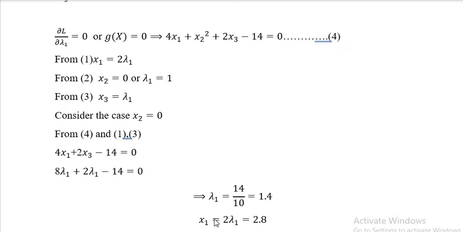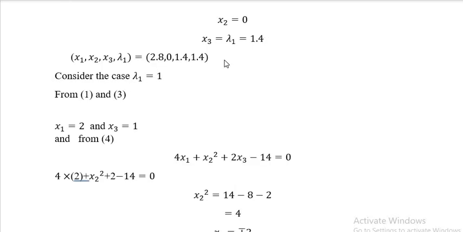So x1 equal to 2 lambda 1, that is from equation 1, we will get x1 value as 2.8. Then x2 equal to 0 and x3 equal to lambda 1, so it is equal to 1.4. The first extremum point is x1, x2, x3, lambda 1, that is equal to 2.8, 0, 1.4 and 1.4.